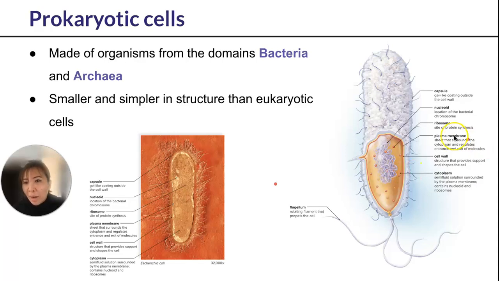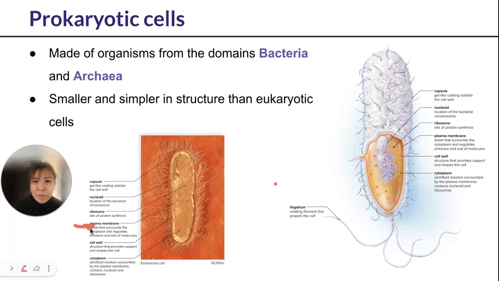They do have ribosomes, and ribosomes are the site of protein synthesis. So they do have ribosomes that synthesize protein, and they do have an outside layer that is also the plasma membrane. We're pointing to this plasma membrane right here.